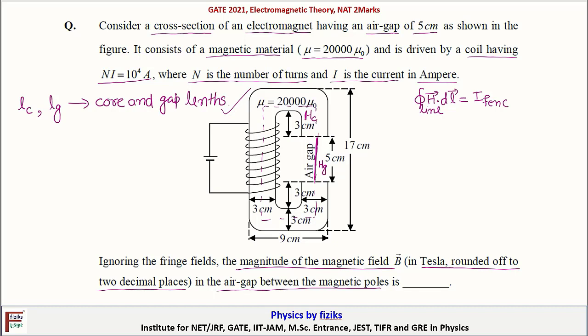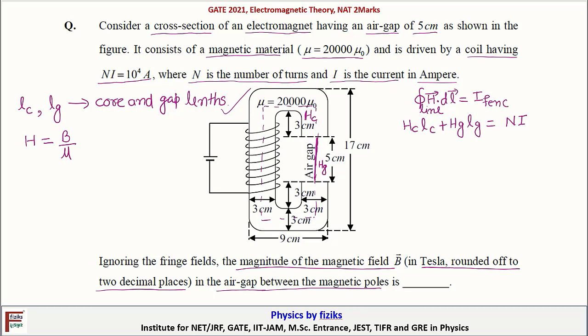So we can write this equation as Hc into Lc plus Hg into Lg, and the free current enclosed will be N into I. We can write H as B by mu.